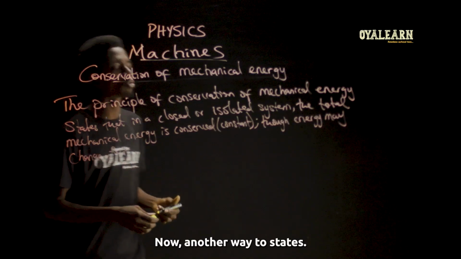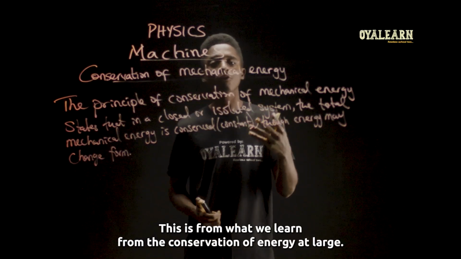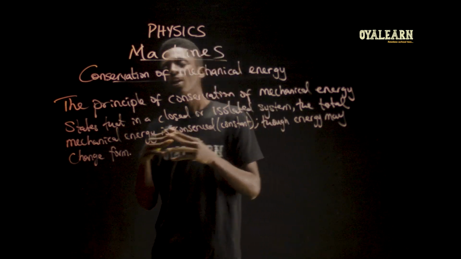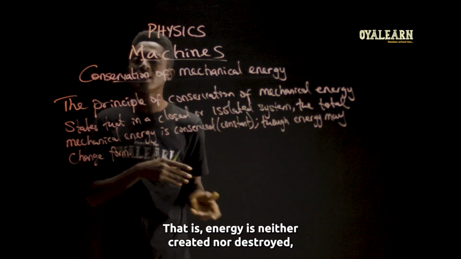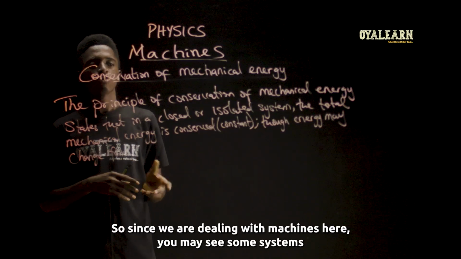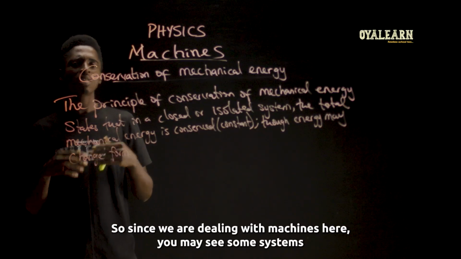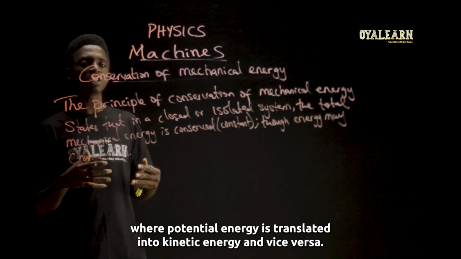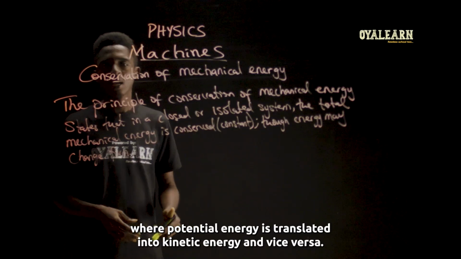Now, another way to state this is from what we learned from the conservation of energy at large. That is, energy is neither created nor destroyed, but may change from one form into another. So since you are dealing with machines here, you may see some systems where potential energy is translated into kinetic energy, and vice versa.